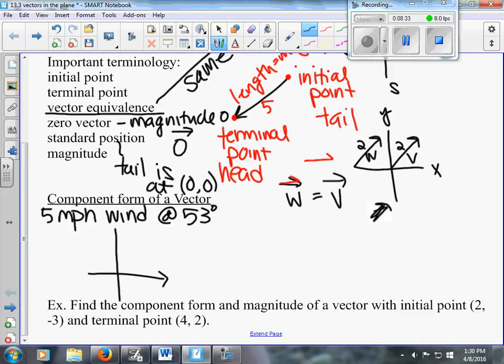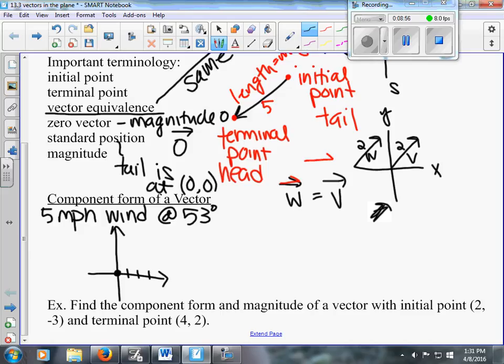This is it. It has length 5, and another reason why I know it has length 5 is I've designed this vector to be the hypotenuse of a 3, 4, 5 right triangle. And so thinking about a vector as the hypotenuse of a right triangle is how we put the vector into component form.